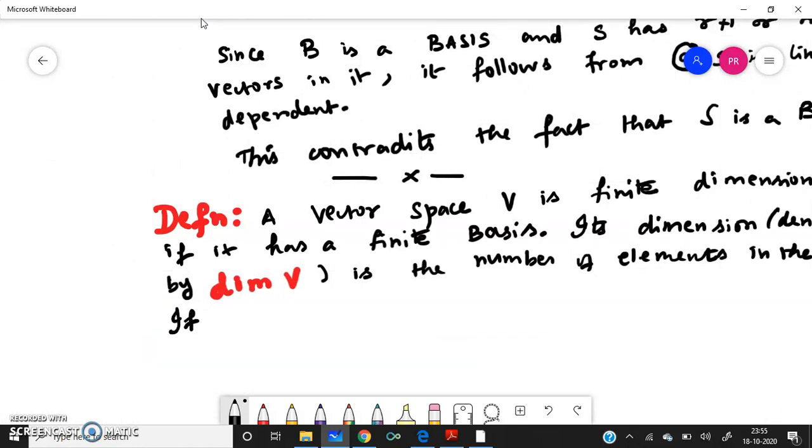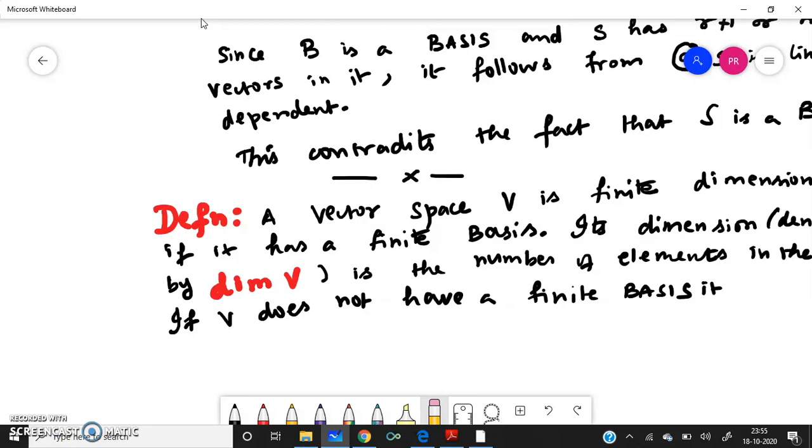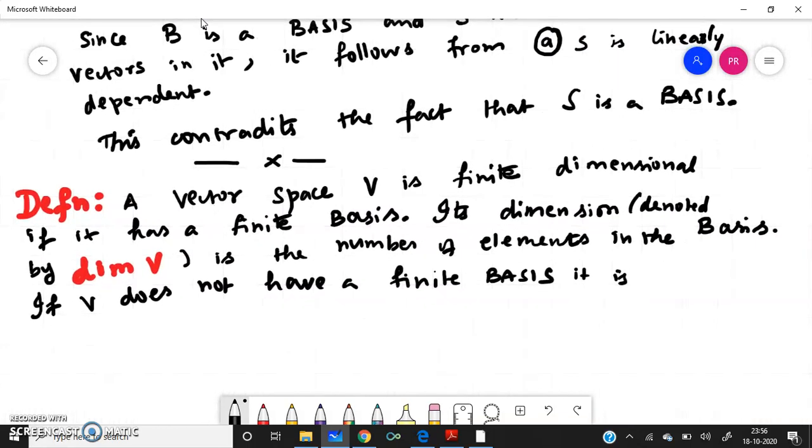If V does not have a finite basis, then it is infinite dimensional.